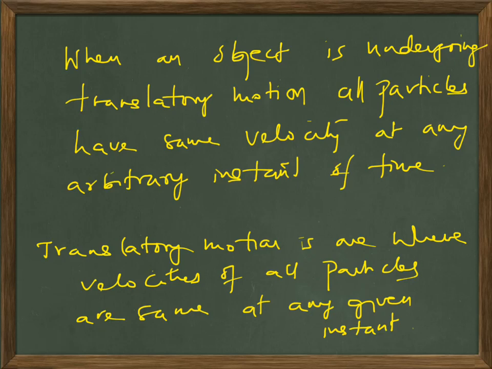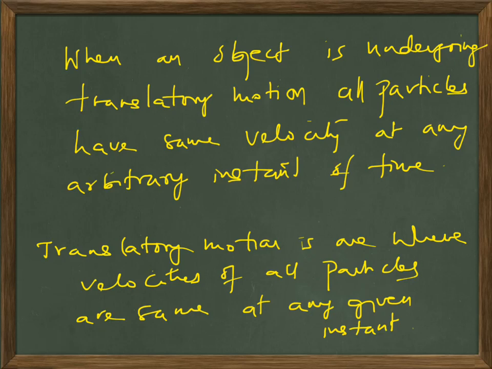Again, after some time, they will again have the same velocity, but the velocity can change from time to time. Suppose right now all particles have 4 meters per second north velocity. Tomorrow they may have 5 meters per second south. It's okay. But all particles have 5 tomorrow. All particles have 4 meters per second today. That is the meaning of translation.